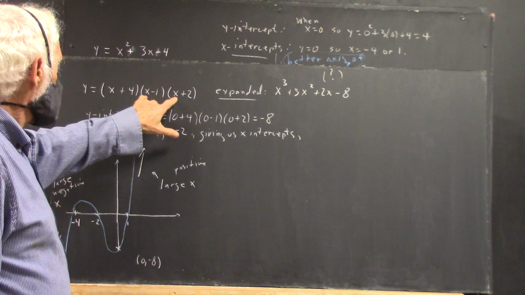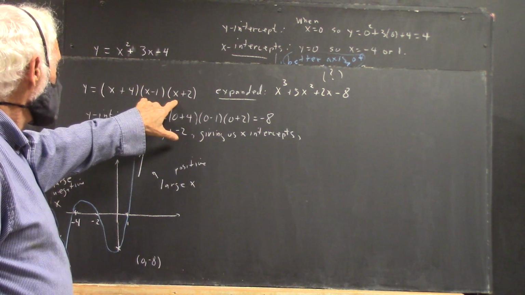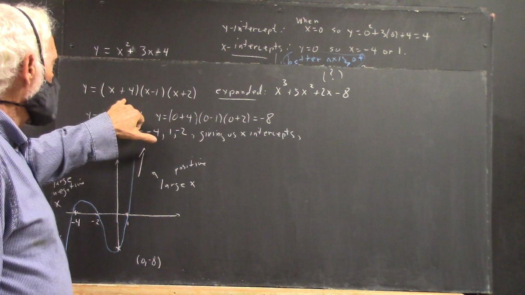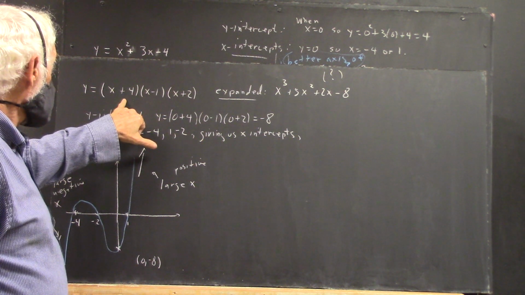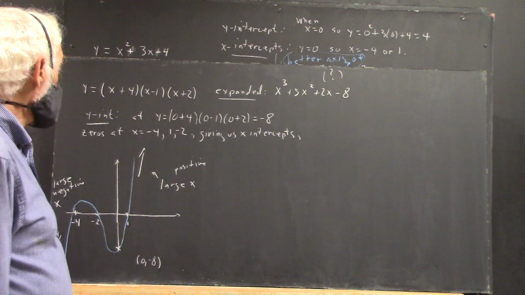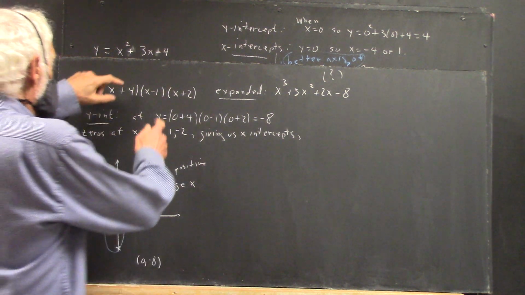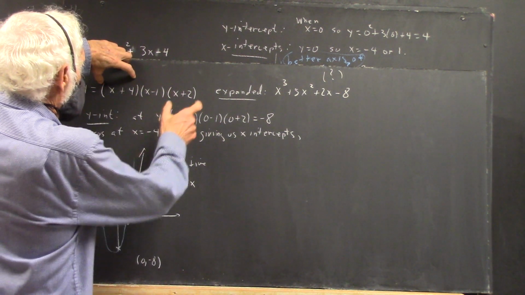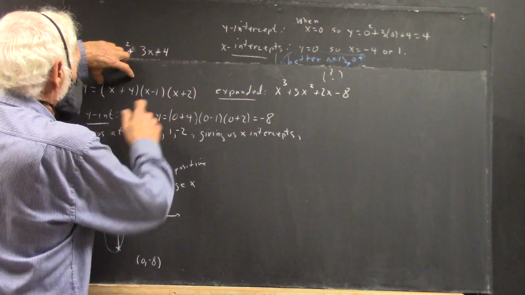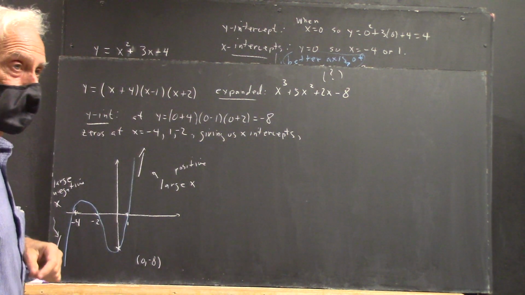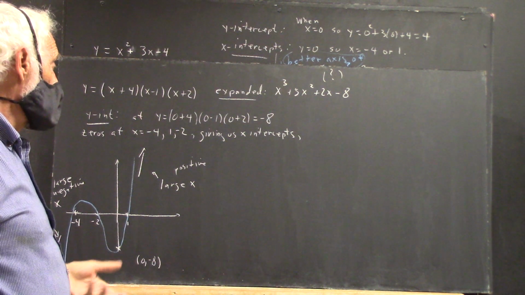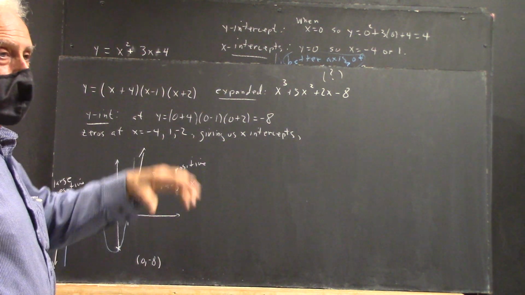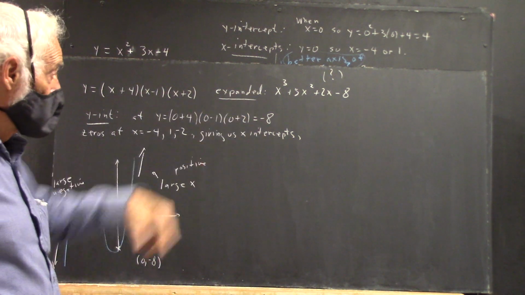Then I have an x squared from these two, which has to be multiplied by 4. Okay. So I got a 4x squared along with a 2x squared. But then this one and this one give me an x squared that gets multiplied by that negative 1. So that's going to give me a negative x squared. I put that together. I get a 4x squared, a 2x squared, and a negative x squared gives me 5x squared.